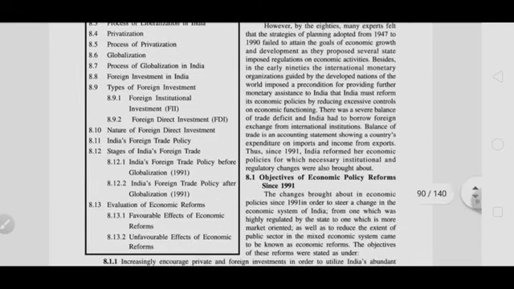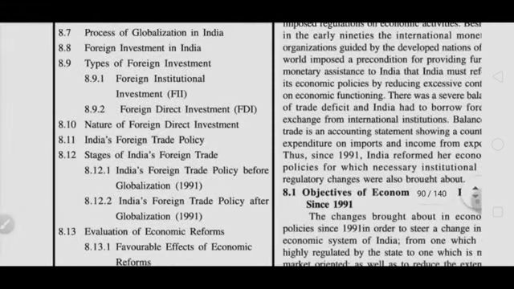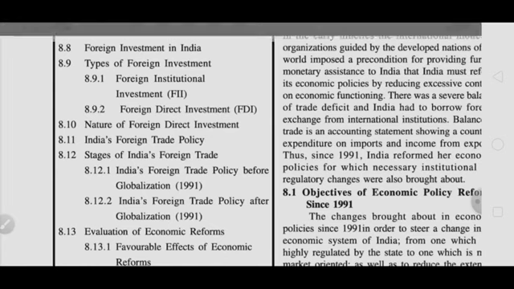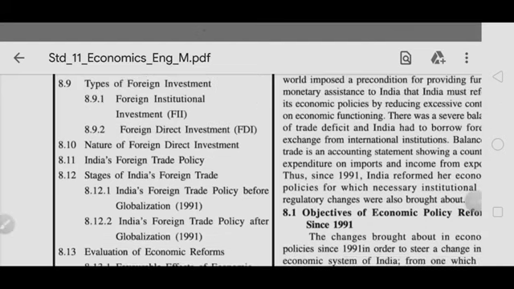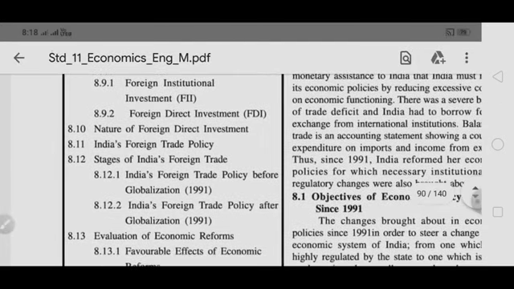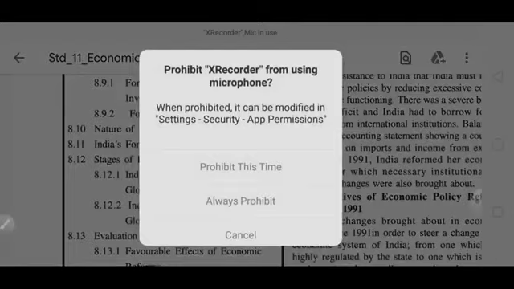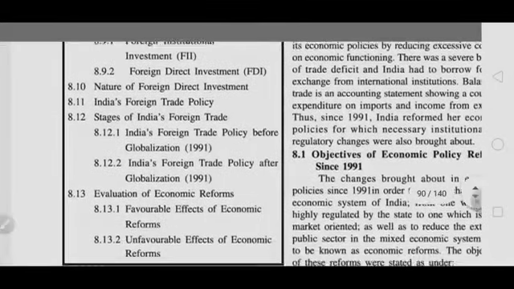The second part is all about the types of foreign investment. Basically there are two types of foreign investment. First one is foreign institutional investment, which is related to the Indian economy and stock market, while the second one is foreign direct investment. So here we are going to discuss both these points in detail.